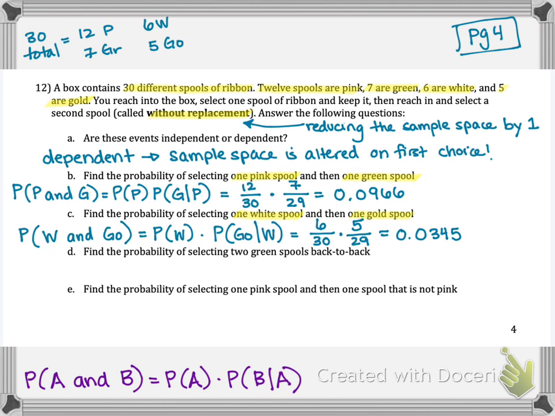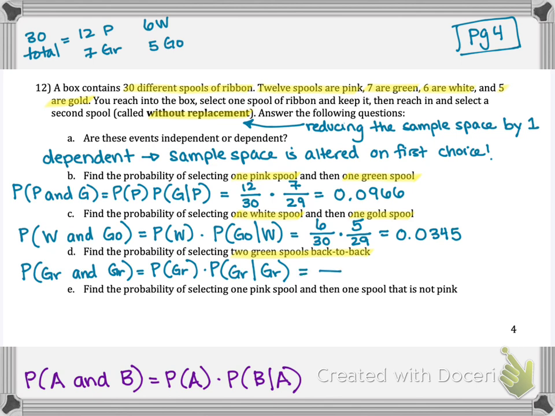Let's keep on trucking. Letter D says, find the probability of selecting 2 green spools back to back. All right, so let's take a look at what this means. That means I'd want to get green and green again. So first I do the probability I get green, and then I'm going to multiply that by the probability I get green given I already had the color green.